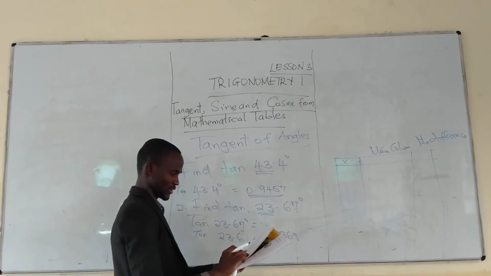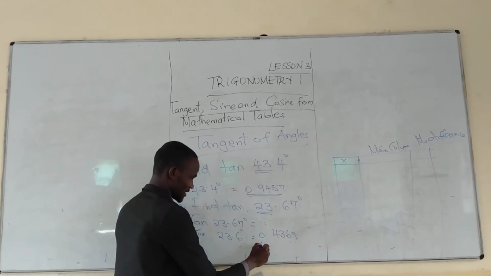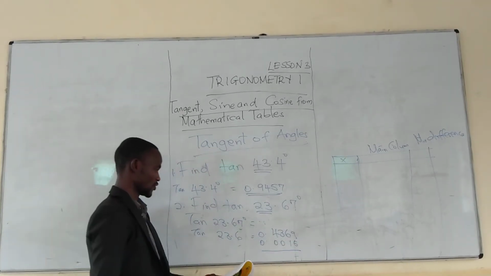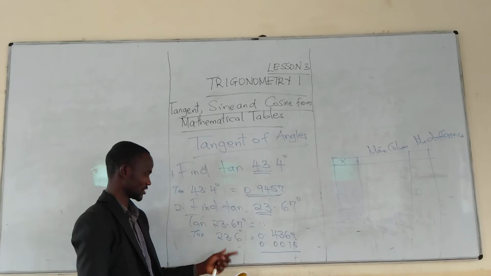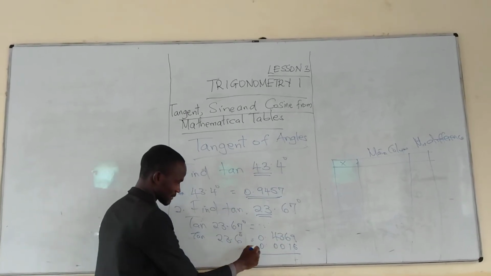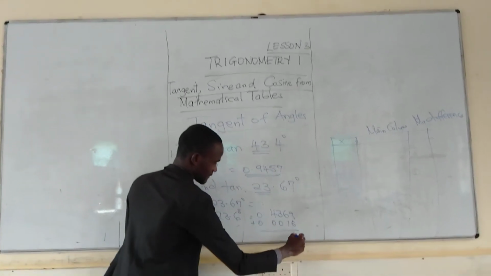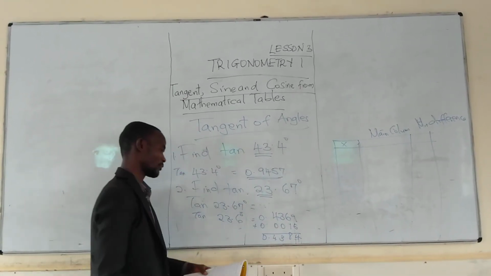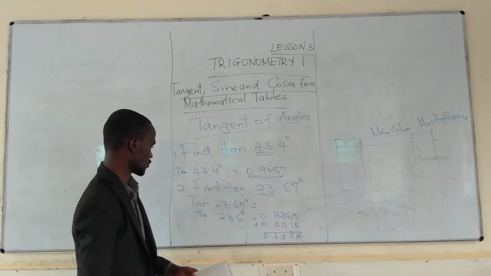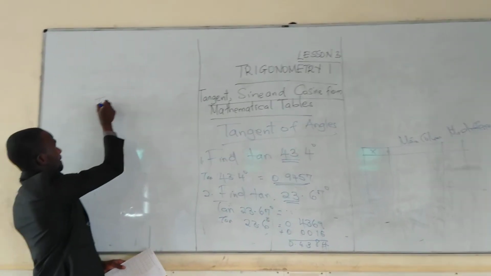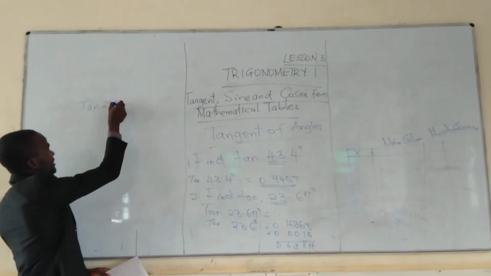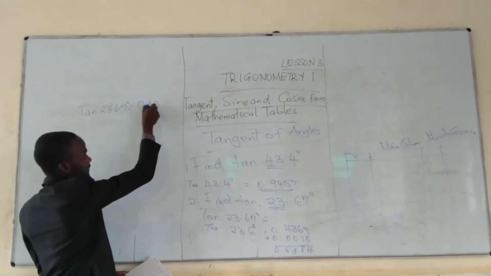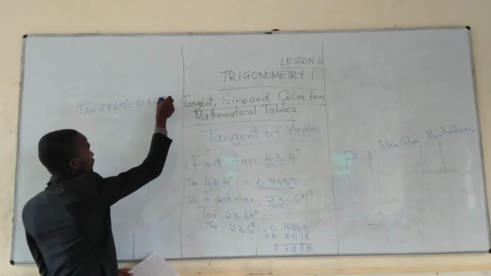And then the 15 means we are adding 0.0015 to what we had already gotten for 23.6. When you add that, we have 0.4384. So tan 23.67 degrees will be 0.4384.